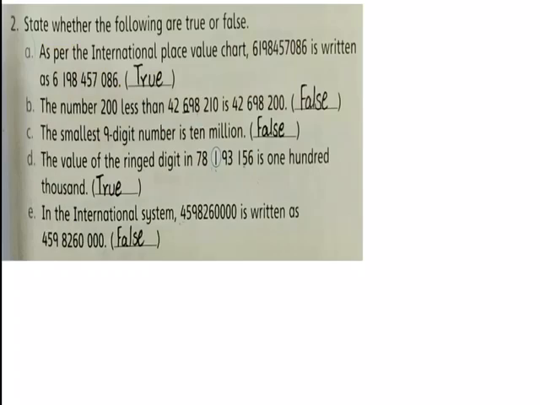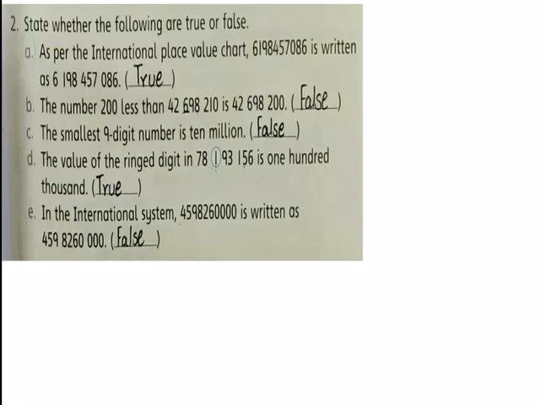Students, as we already told you, in the international system we write first 3 digits, then space, then 3 digits, then space, then 3 digits. So the statement is true. Understand?